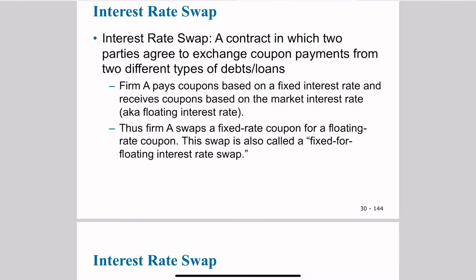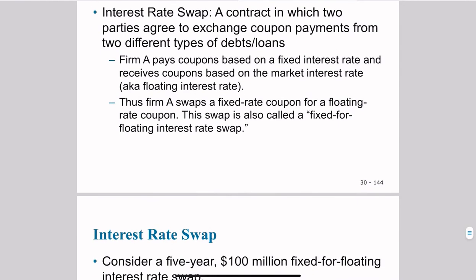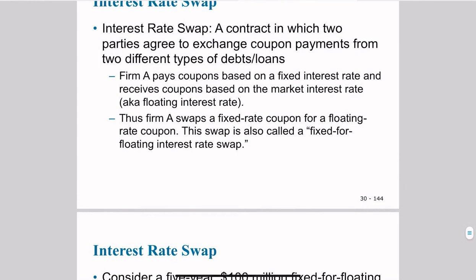So here, more specifically, we focus on two types of interest rate. The first is the fixed interest rate. And the second is the market interest rate or floating interest rate. So we could have two kinds of scenarios. The first is fixed to floating, right?